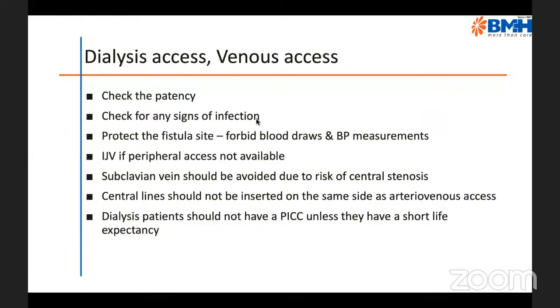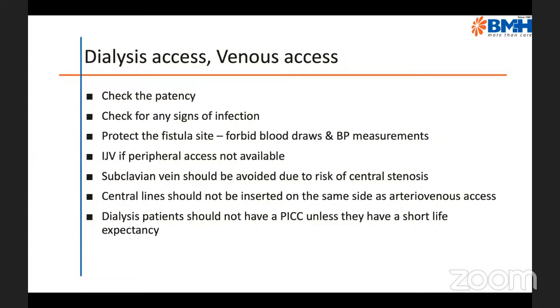Blood draws from the fistula site or in that arm should be avoided, and BP measurement should not be on that arm. If you have difficulty getting peripheral access, you can go for internal jugular venous access. Especially, it is very safe nowadays with the ultrasound technique. The only thing is you have to follow strict aseptic conditions.